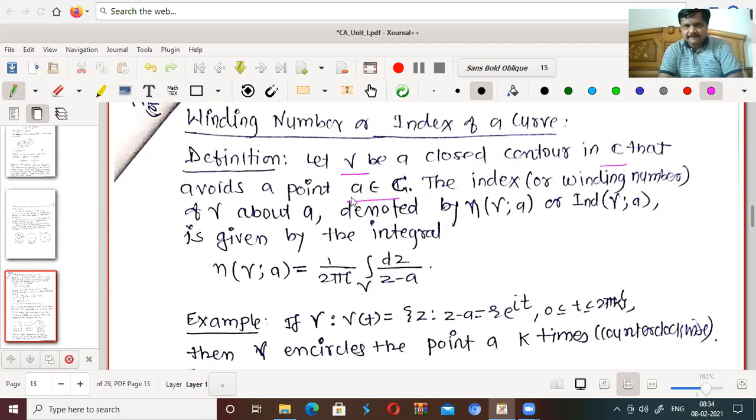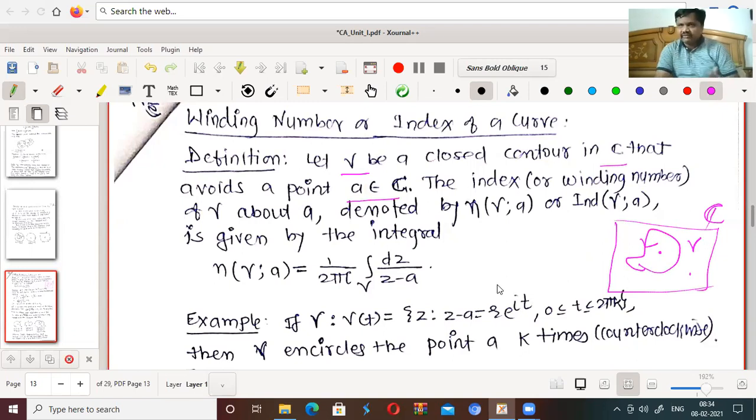Suppose this is your complex plane, with real axis and imaginary axis, and we consider any curve gamma and the point A is not on gamma. That means either A is inside gamma or outside gamma, whatever it may be.